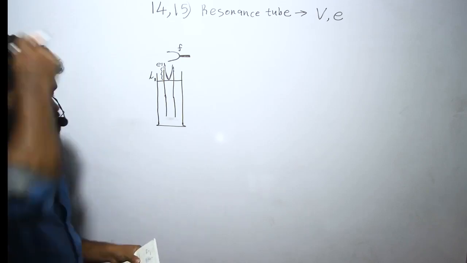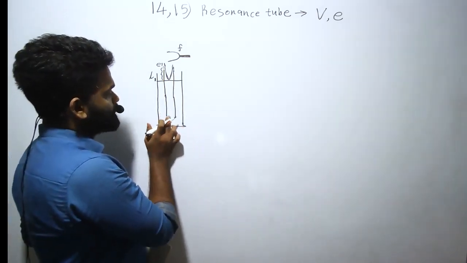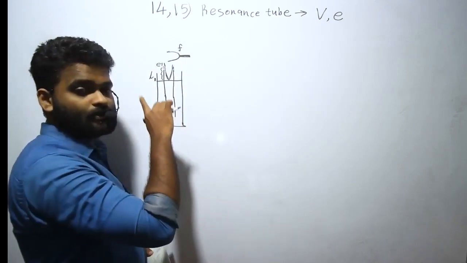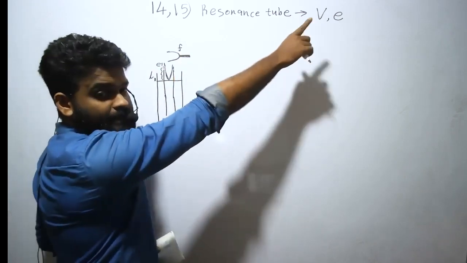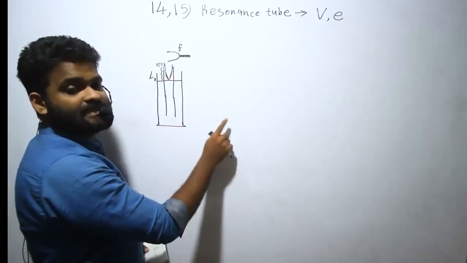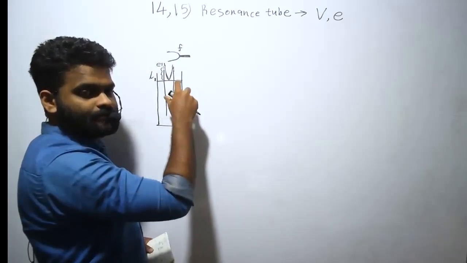Then what do we do? In order to find V and E, those are two unknowns, you need another instance. This is one instance; you can build an equation using it.